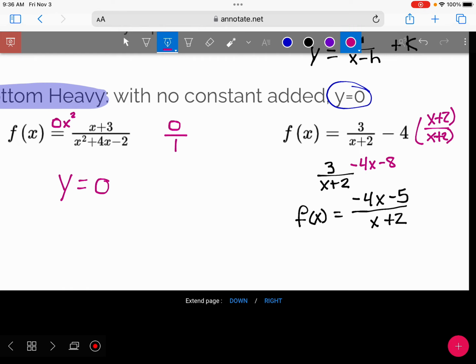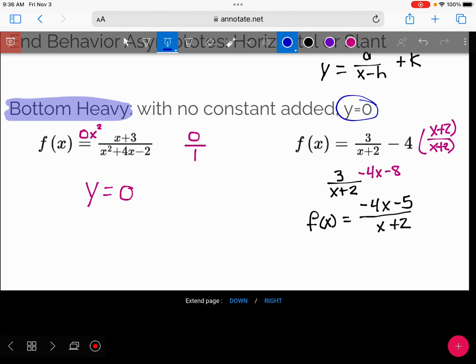So if we wind up with a constant added on to our rational function, where's our asymptote going to wind up when we do our ratio here? It's going to wind up being the k value.